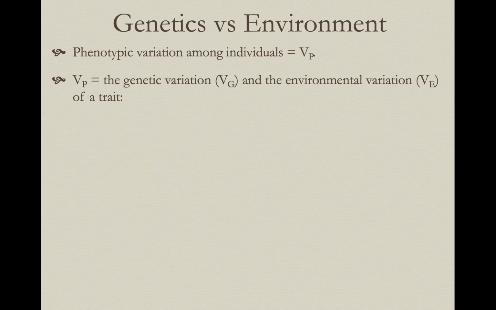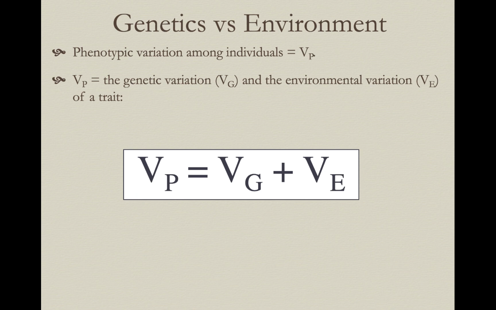So what is the relative effect of the trait that you get in an organism? Is it primarily based upon the different genes that they have, or how they were raised, the different environmental aspects that they had during development? What's the variation of the phenotype, and how much of that is controlled by genetics, and how much of that is controlled by environmental influences?